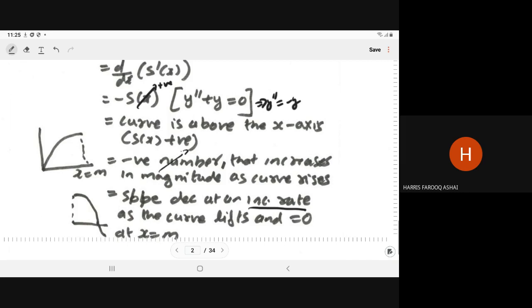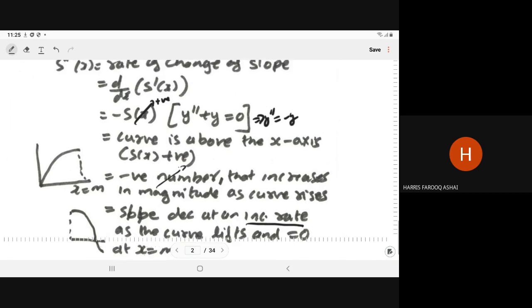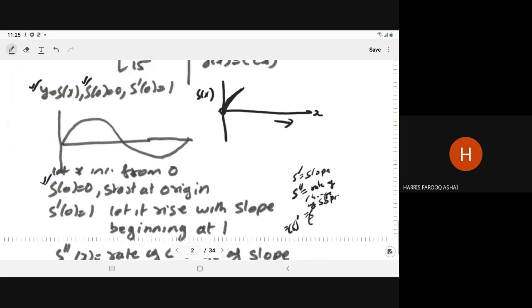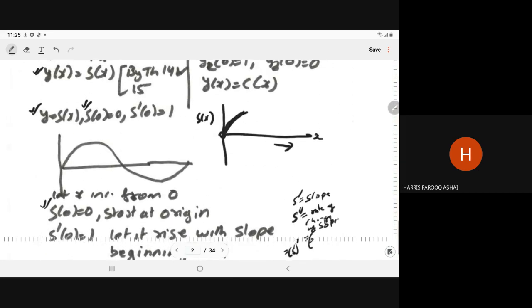It is decreasing with increased rate, so at some point it will become 0, right? At this place the slope is 1. At this place the slope is 0.